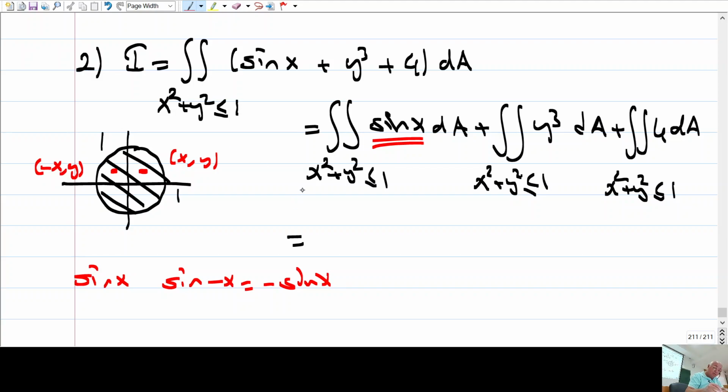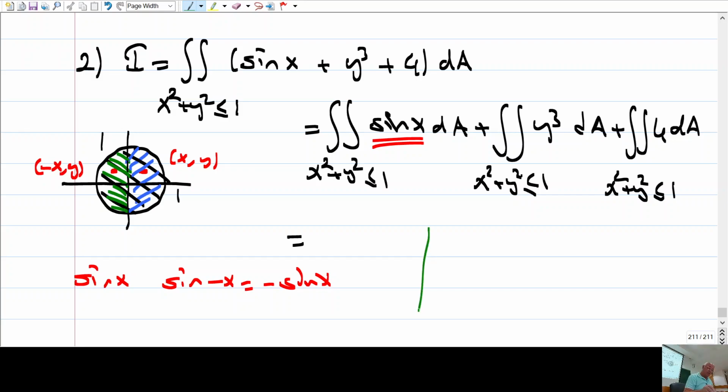So this means the following. The integral over this half of the circle is the same as the integral over this half of the circle, but the signs will be opposite. On this side, the sine function will have positive values. On the other side, it has the same values but multiplied by -1.